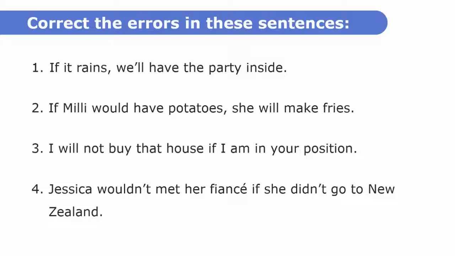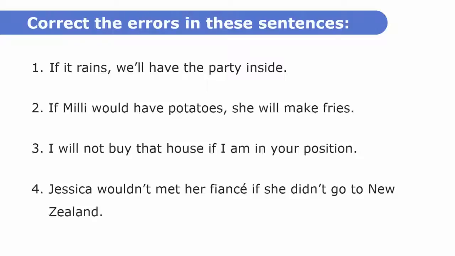Number 2, if Millie would have potatoes, she will make fries. Now in this sentence, there are 2 mistakes. Just by looking at the sentence, you can probably guess that Millie does not have potatoes. That means this is an imaginary situation. So we need the second conditional.